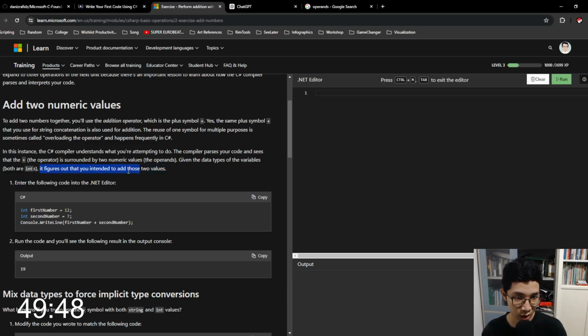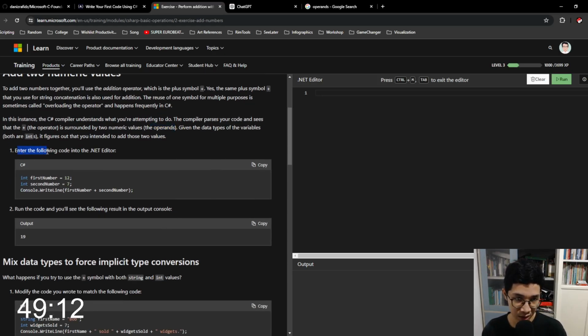It figures out that you intended to add those two values. So this operator will only work if there are two numeric values as the operands, or two variables which have the data types integer or float, not string or boolean or char. Basically it relates to numeric.